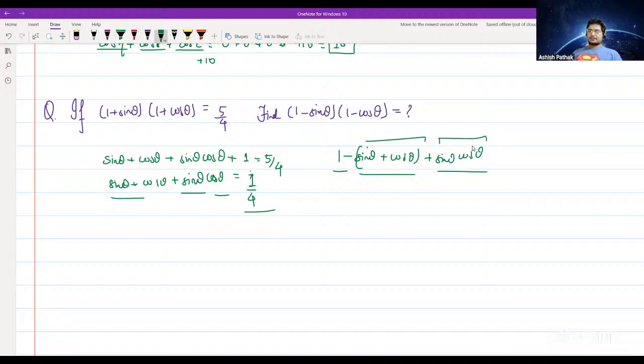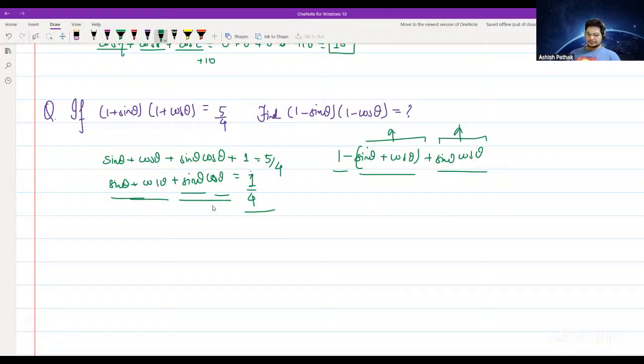It will make our question easier. So we want this value, and here also it is given in the combination of these two.